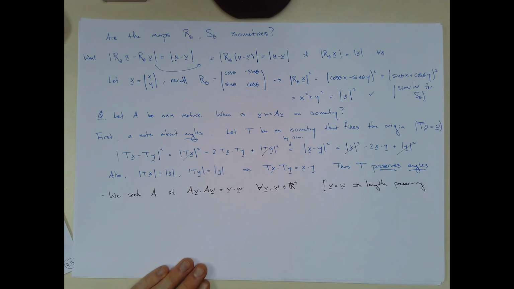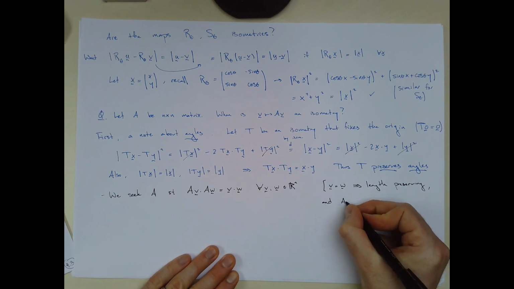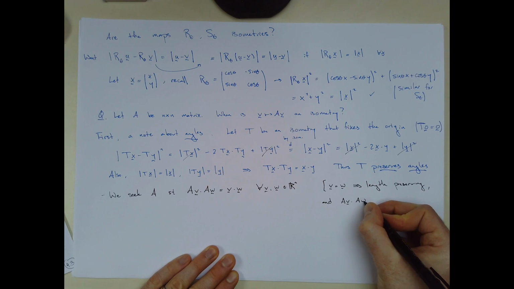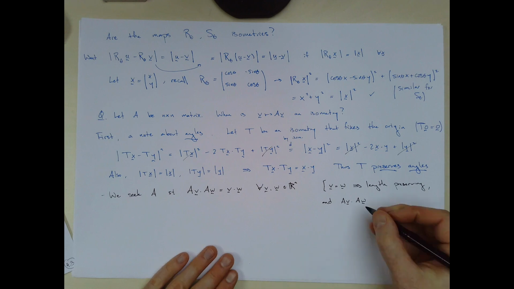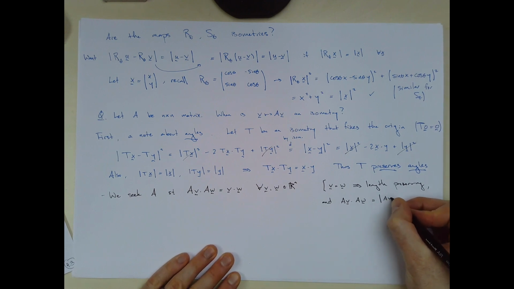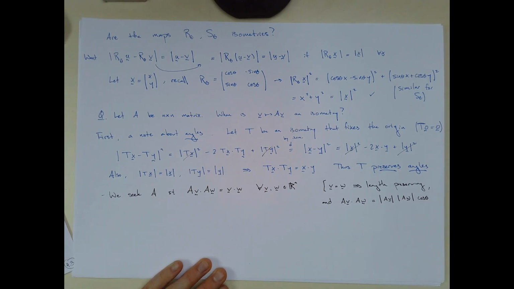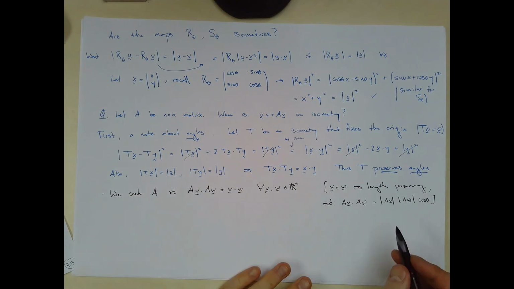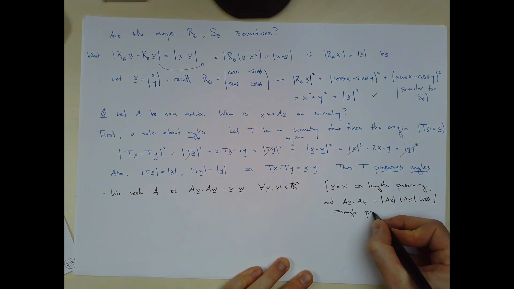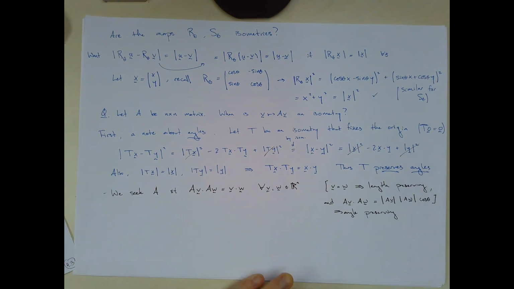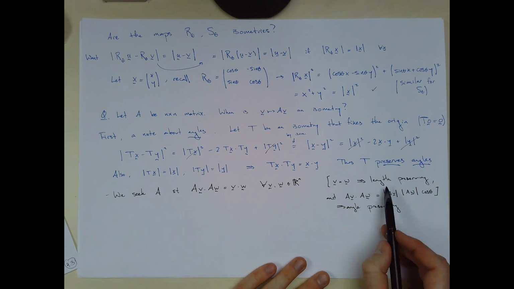It is also angle preserving by the simple statement that AV.AW is magnitude AV, magnitude AW, cosine theta. So this is angle preserving and length preserving of a single vector.